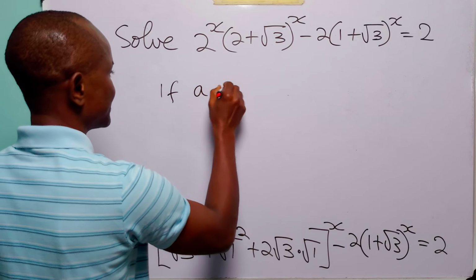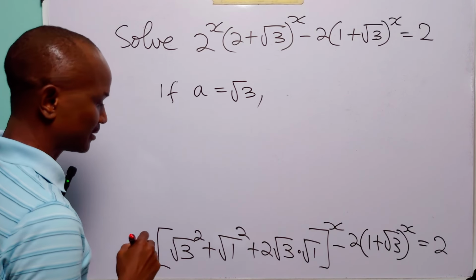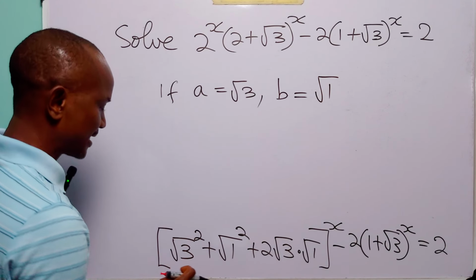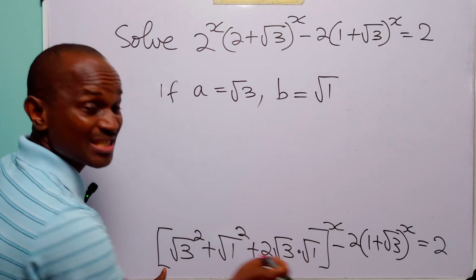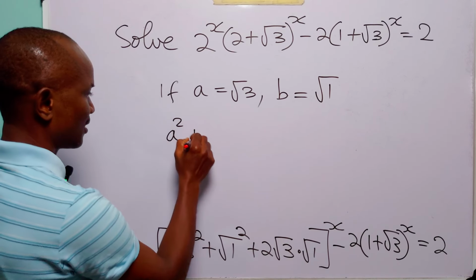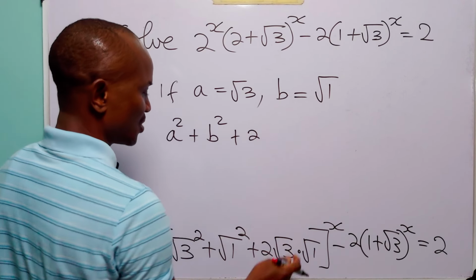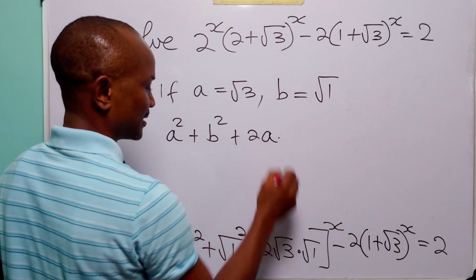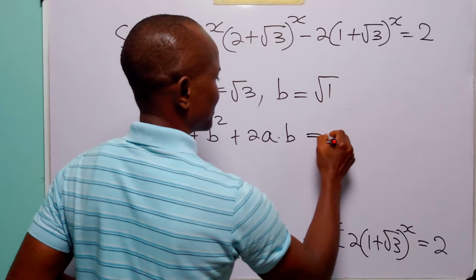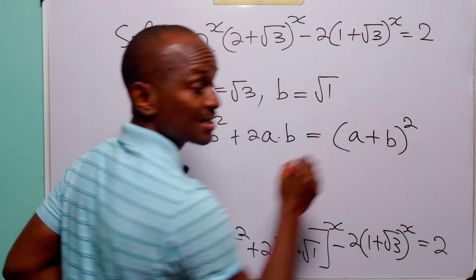If a is equal to root 3 and b is equal to root 1, then we can write the contents of this bracket as a squared plus b squared plus 2 times a times b. And of course, notice that this is the expansion for a plus b squared.